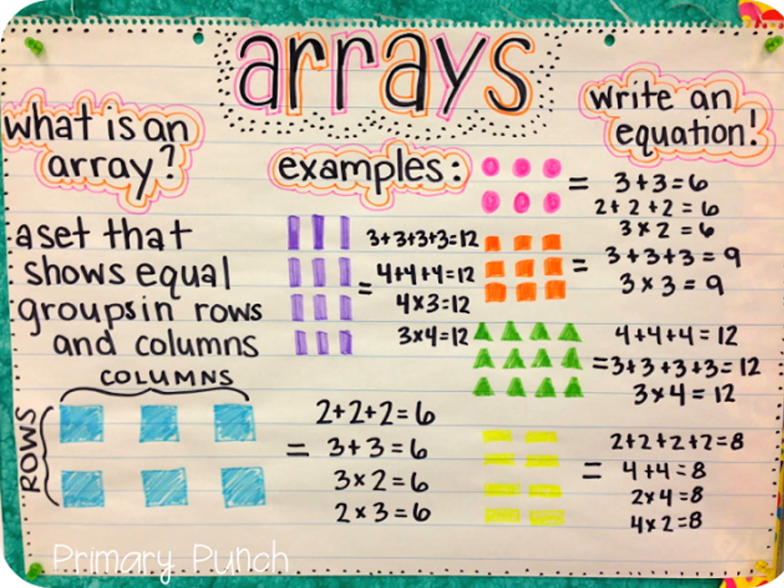We can add by rows or by columns to find the total. If we will add by rows, we will say 3 plus 3 plus 3 plus 3, and the total will be 12. It's the total number of objects in the array. Now if we will add by columns, each column has 4.